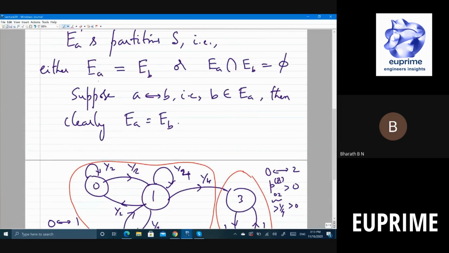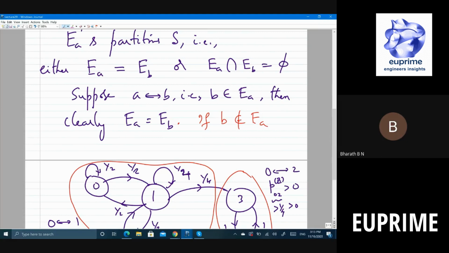For example, if B belongs to EA, then B can communicate with A, and therefore it can communicate with all the other nodes that A can communicate with. Therefore, all the states in EB also belong to EA, and vice versa. Therefore, EA equals EB. On the other hand, if B does not belong to EA, it cannot communicate back and forth with any states in EA.